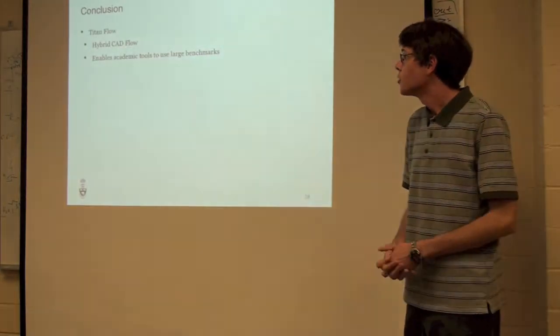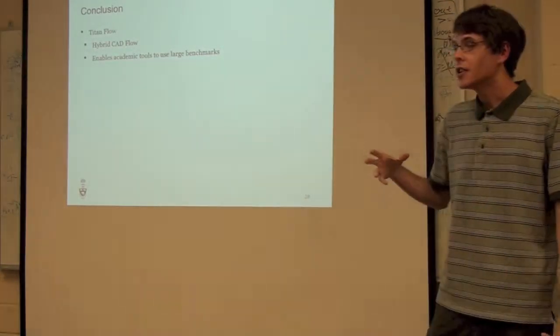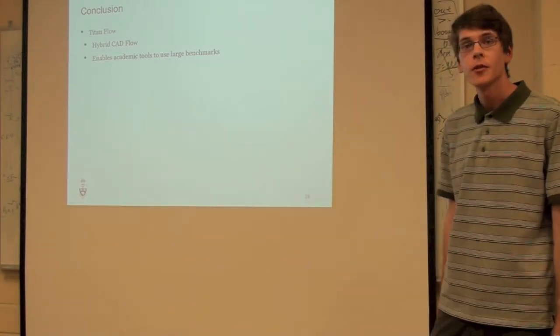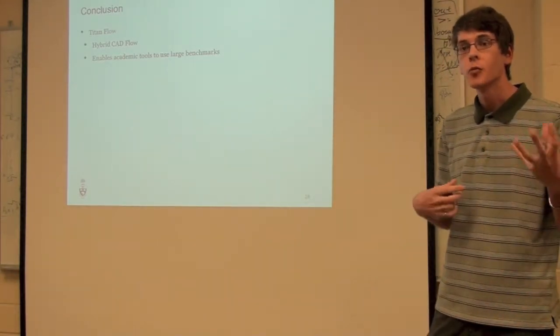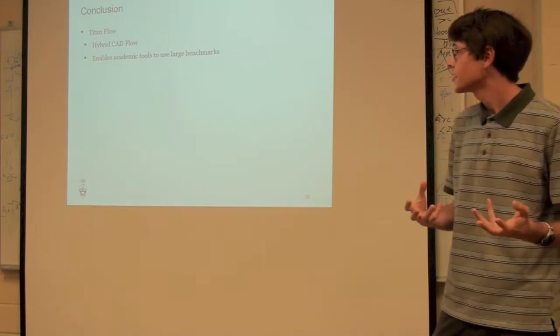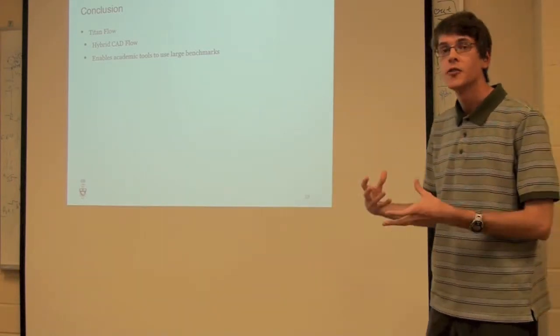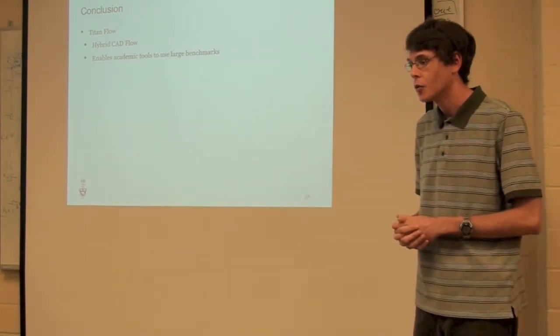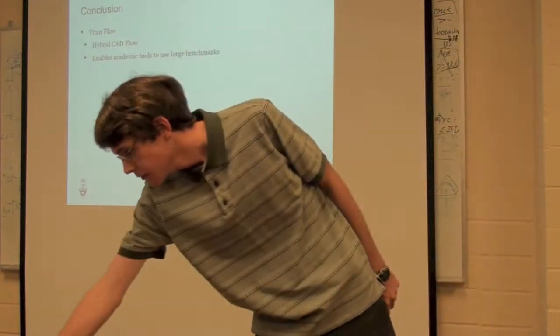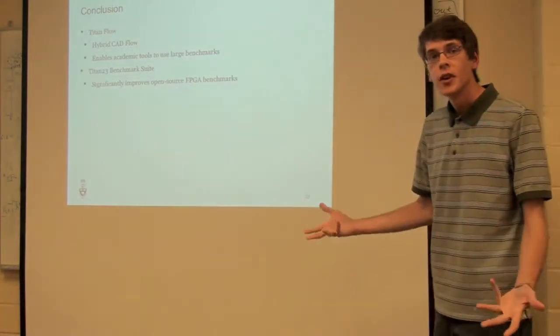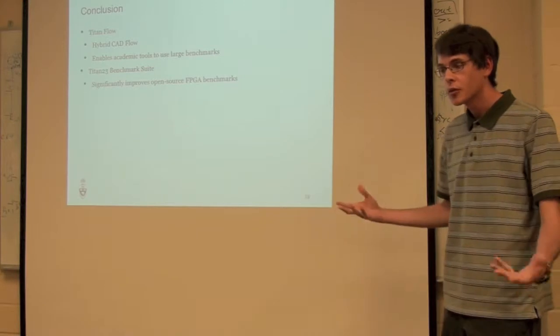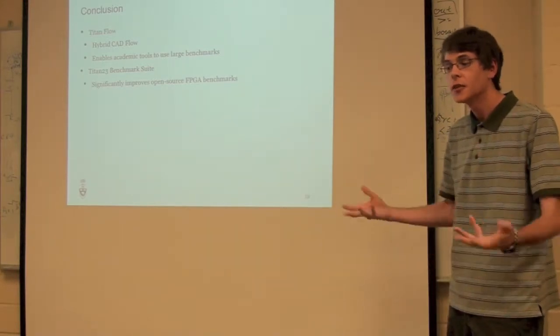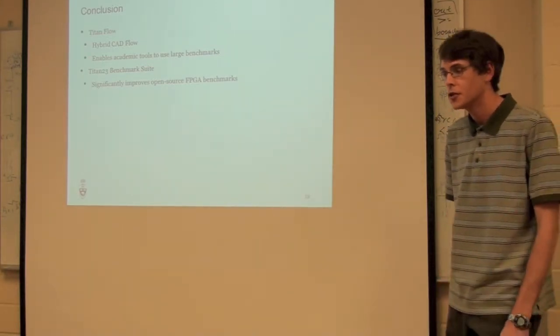So to finish off with the conclusion, we've presented the Titan flow, which is our hybrid CAD flow that allows us to use commercial vendor tools to do front-end synthesis, and then bring our design into open source and academic tools. We used this flow to create a set of 23 large benchmarks that we think significantly improve the state of open source FPGA benchmarks.